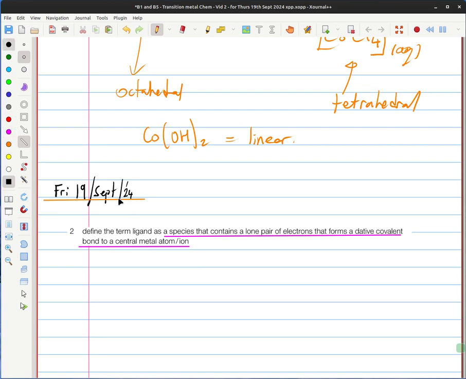I still feel a bit uncertain about that word, but if that's what Cambridge will accept, fair enough. So don't forget, the alternative wording for a dative bond is a coordinate bond. I'm surprised to see them revert back to dative bond so quickly. Usually they stick with coordinate bond.